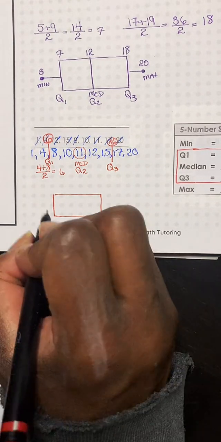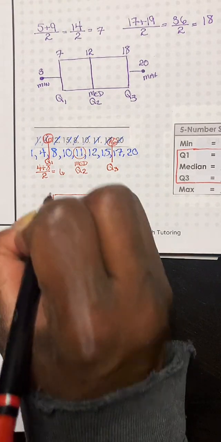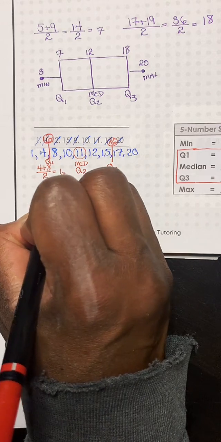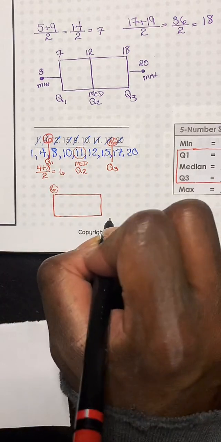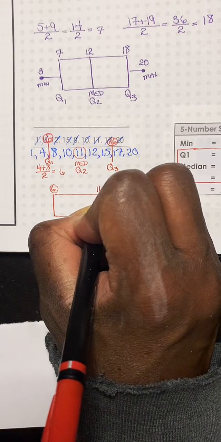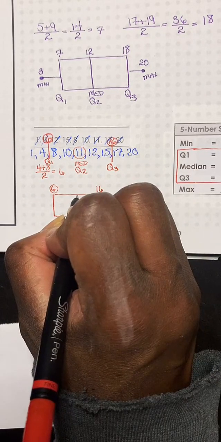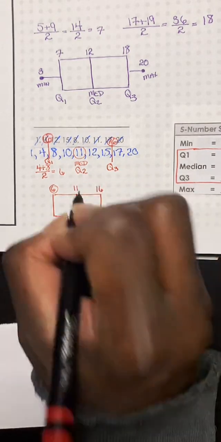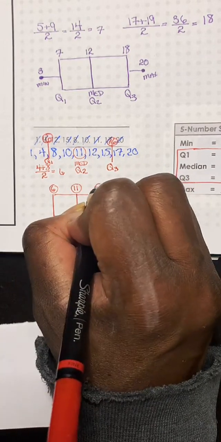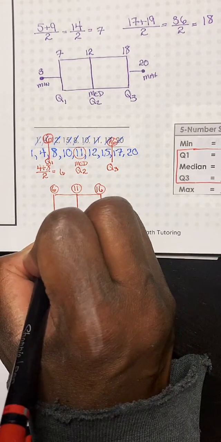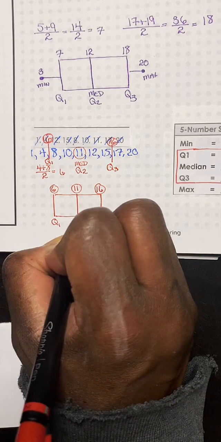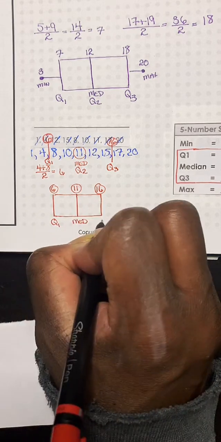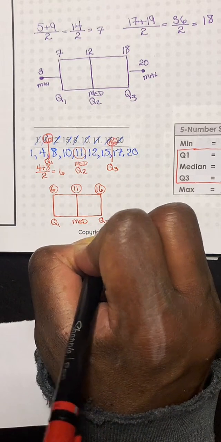Okay, so I draw my box. This is a 6. Then this is a 16. So 11 is going to be somewhere around here. So here's your Q1, here's your median, and here's your Q3.